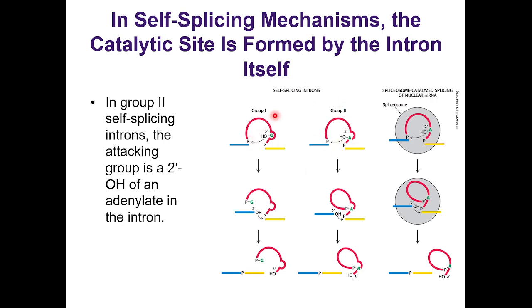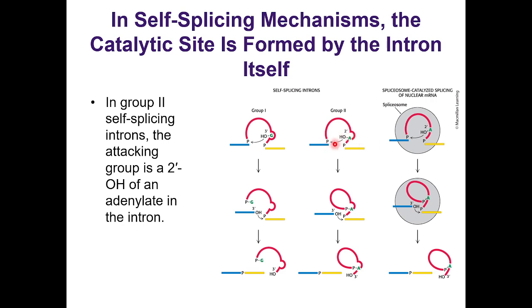Okay, and so these ones are both self-splicing. So again, we have group 1 and group 2. Now, the big difference between these is that in group 1, we actually have the G here that's going to attack from that 3' position onto that phosphorus right here, that phosphate. And then the group 2, instead of it being a G here, we actually get the A here attacking, and that's in the 2' position.